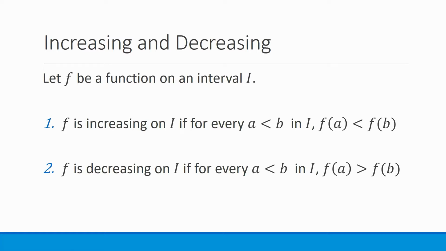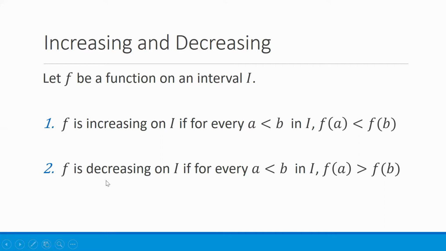We say that the function is increasing on the interval if for every value a less than b in that interval, f of a is less than f of b. So for any two values in this interval, the bigger one is going to have a larger output than the smaller one.